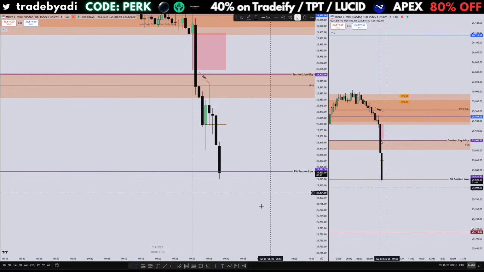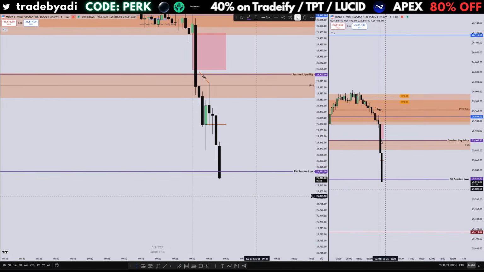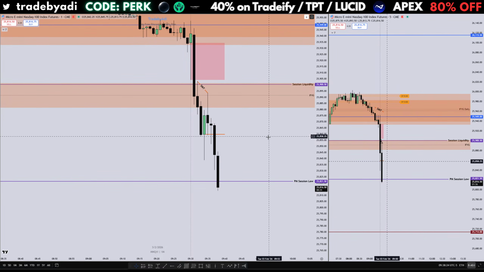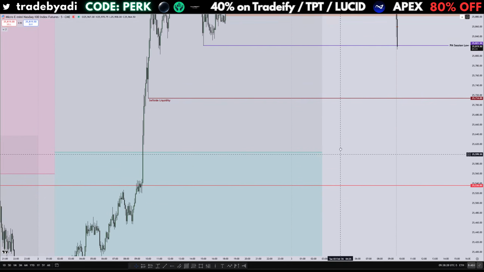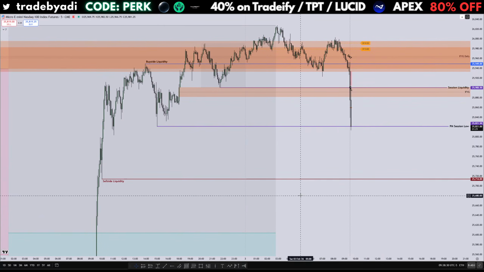Okay, this was the final target for today. Okay, and these are the extended targets or these fair value gaps.